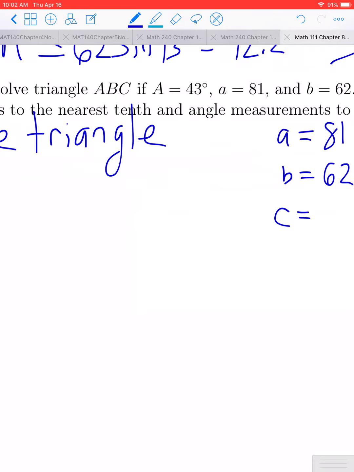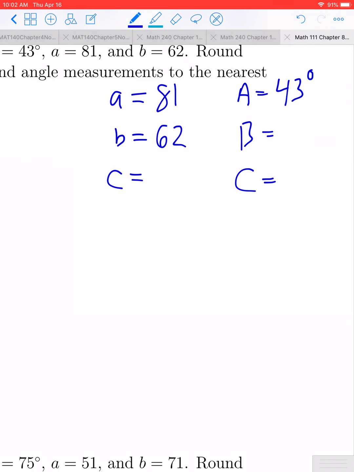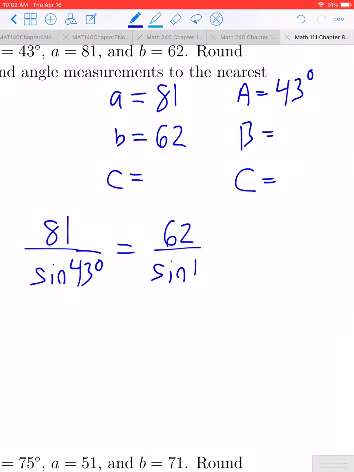If I set up this law of sines problem, it would say the following: a over the sine of A would be equal to side b divided by the sine of angle B. So we want to use this now to solve for an angle using the law of sines. This is something we haven't quite done yet up to this point.